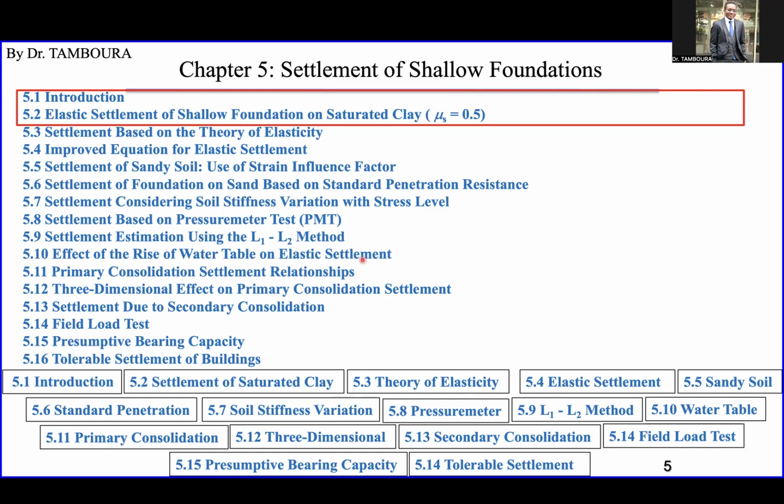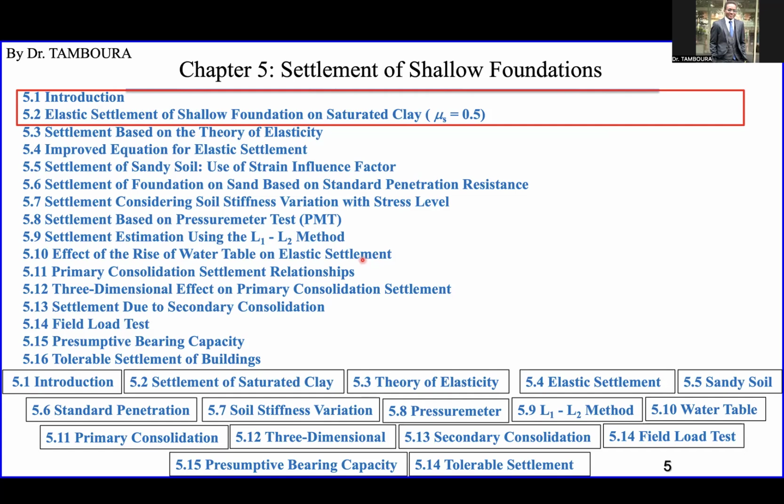This is because knowing only the ultimate bearing capacity of your foundation is not enough. You need to know the amount of settlement the load coming on the foundation will cause.